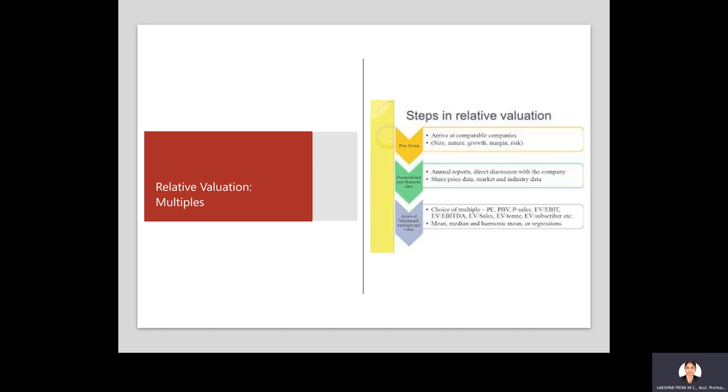Although EBITDA is a very unreliable proxy for free cash flow to the firm, EBITDA multiples are more commonly used. Why? Because EBITDA provides a fairly good measure of pre-tax cash flows produced by the existing assets of the firm.